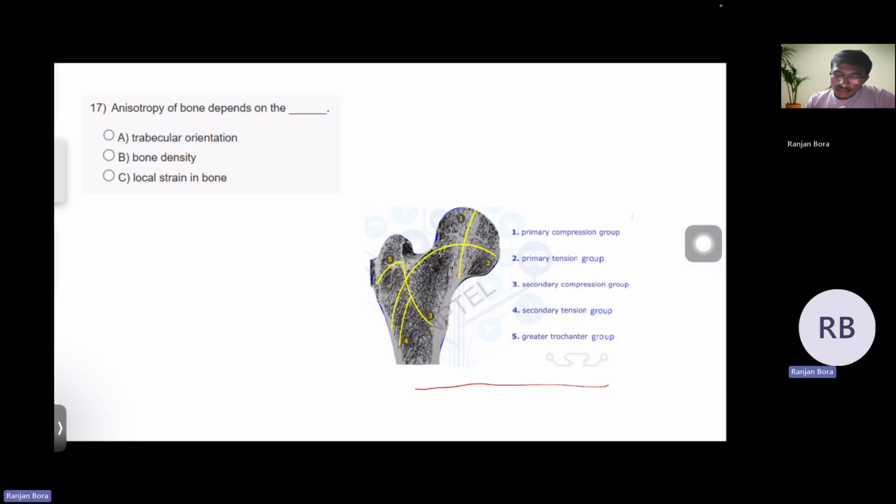Their mechanical behavior is different, and these groups result in the anisotropic nature of bone. It depends on the trabecular orientation. Because the orientation of different groups is different, their behavior is also different. So that's why this bone is anisotropic in nature.